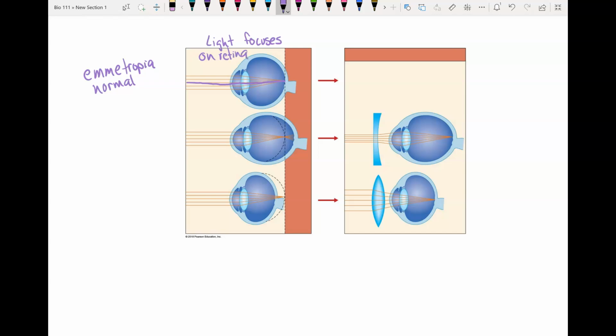Okay, then you can be nearsighted or farsighted. So nearsighted is myopia. This means that you can see near, but things that are far away are blurry.